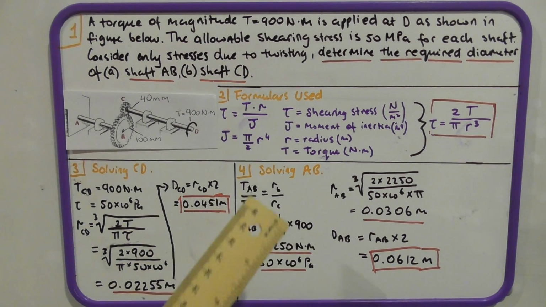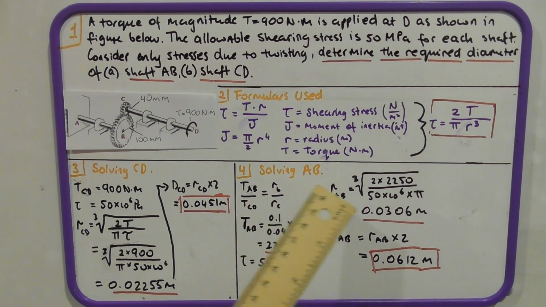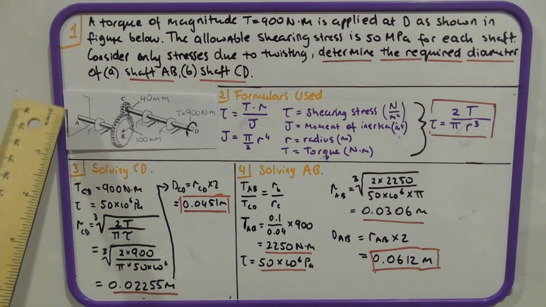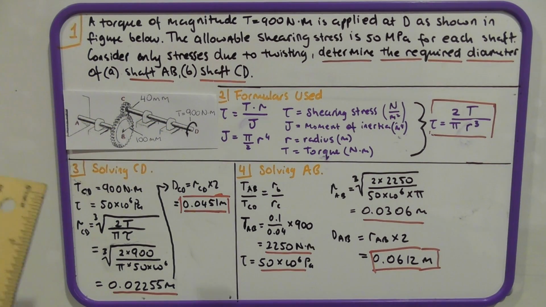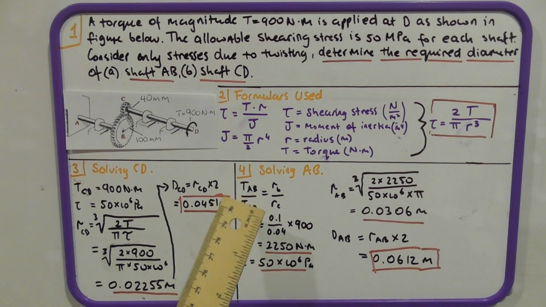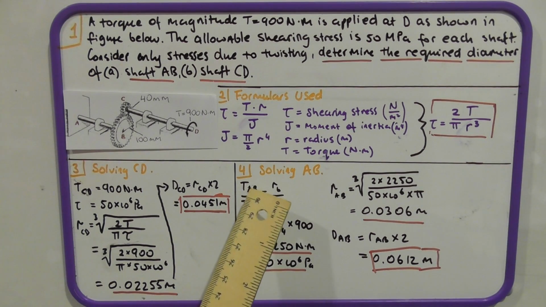Now, if we want to solve for shaft AB, we will need to find what the torque is which is transferred by this torque onto shaft AB. So this is how we do it. We balance the torque that we want to find.